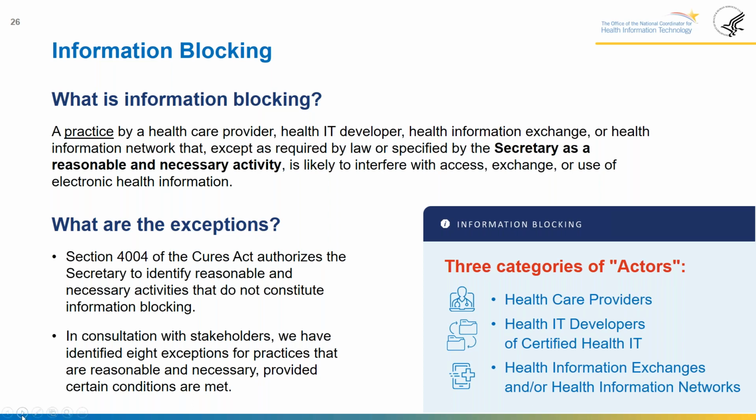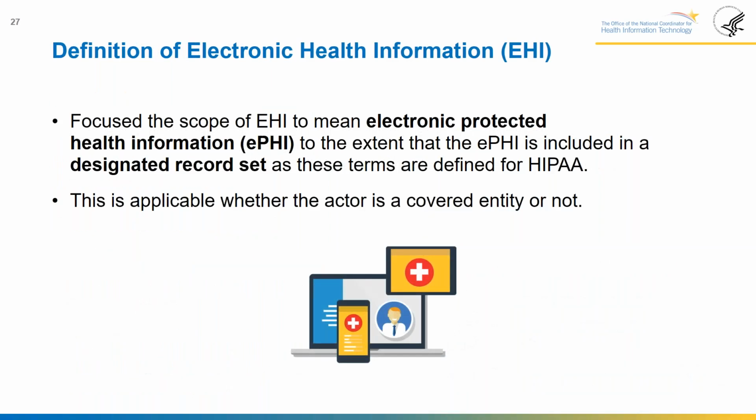The finalized definition of electronic health information accomplishes alignment, and it lands on a definition that should be very familiar to the majority of healthcare providers, as well as to health IT developers and networks and exchanges that serve those providers' exchange and health information management needs. The final definition of electronic health information for purposes of the information blocking provision can be found in 45 CFR Part 171, Section 102.